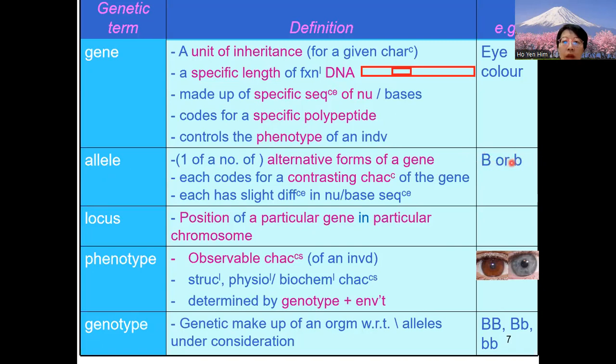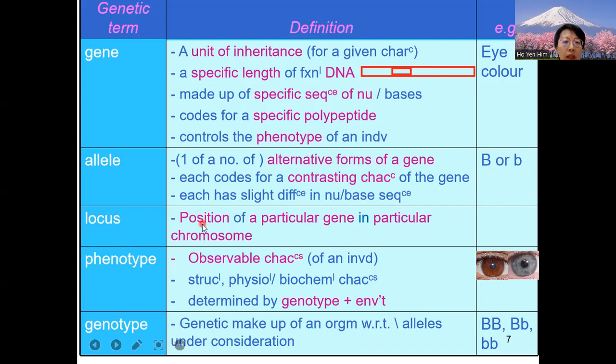Big B codes for brown eye and small b codes for blue eye. So they code for contrasting characteristics of the same gene. Why are they the same gene but code for different characteristics? Because each allele has a slight difference in the nucleotide or base sequence. Therefore they code for different things.